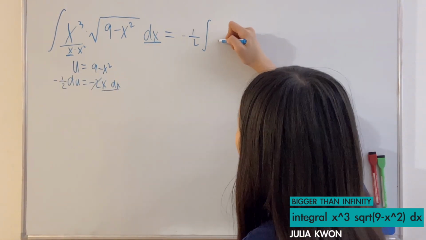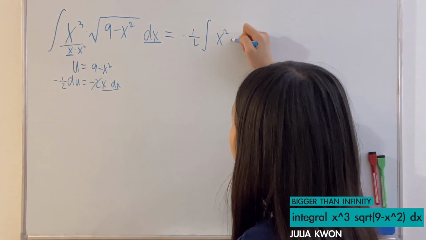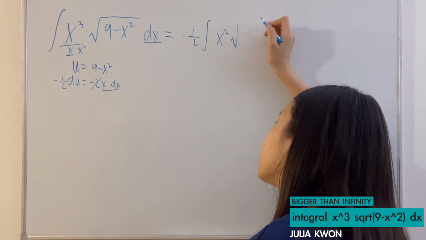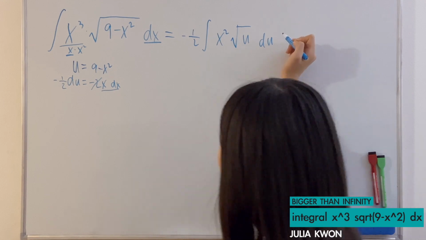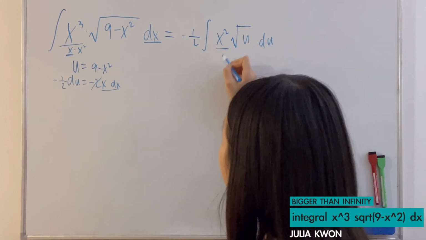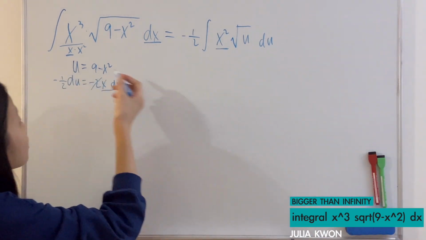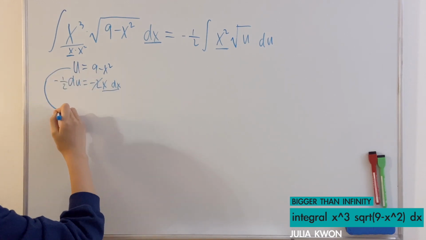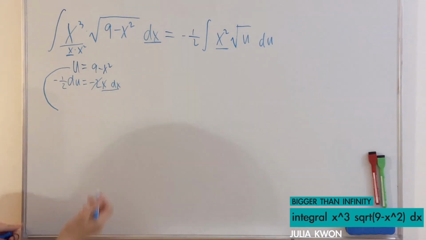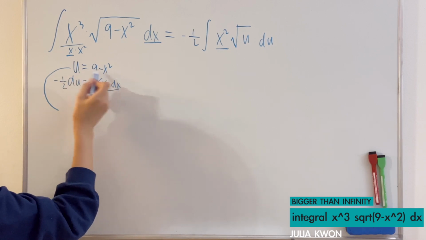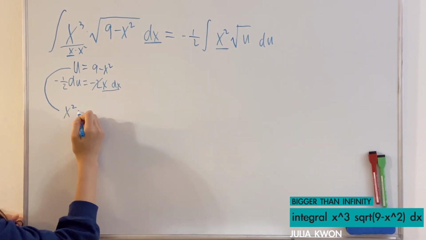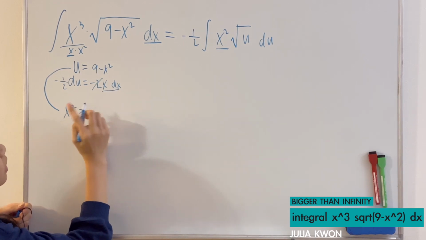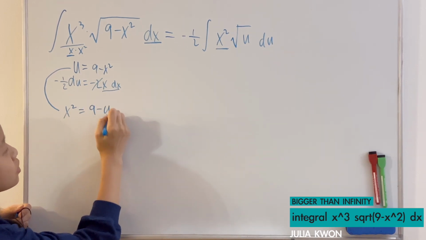If we do that, we would just have x squared times the square root of u left, and also the du. We have to replace the x squared with something that is in terms of u. So we're going to use this equation here to replace the x squared. x squared would be equal to 9 minus u.